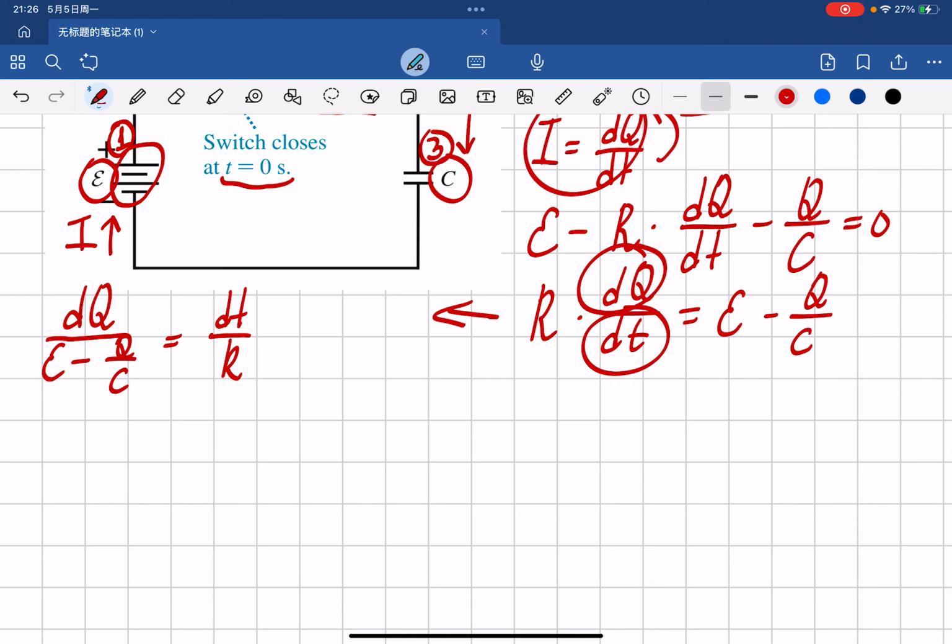It's like separating, left side and right side.